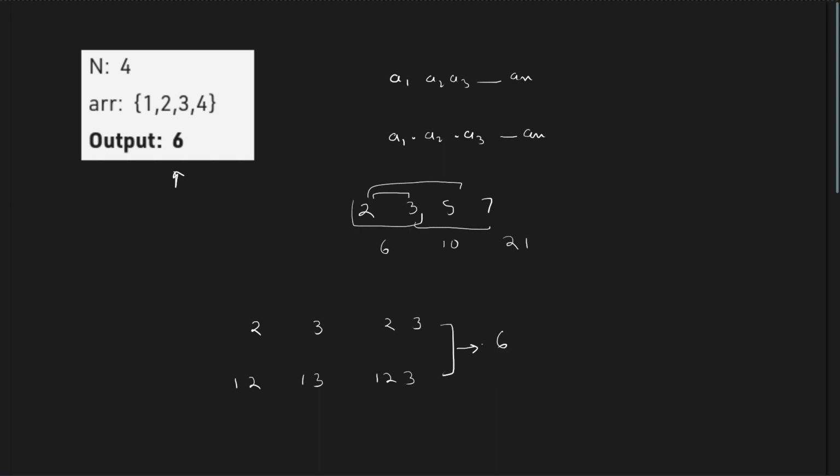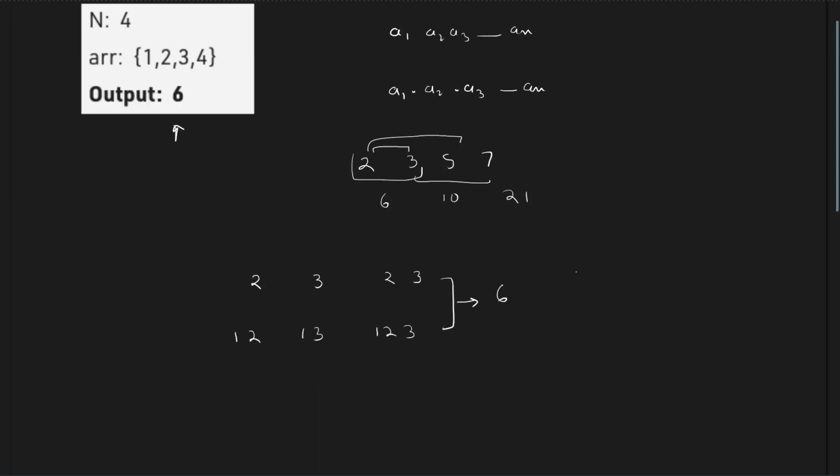Now a very interesting thing about this problem is that the value of array[i] is less than or equal to 30. This makes the problem specific to a particular domain. Whenever we see these types of constraints, first of all, we have to see that if we want to represent the product as a product of some distinct prime numbers, what are all the prime numbers that are less than or equal to 30?